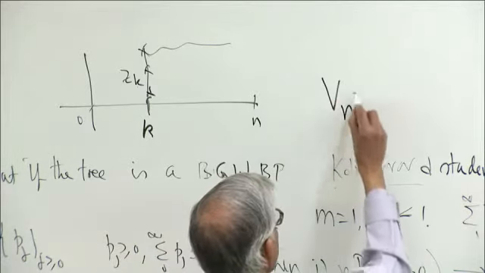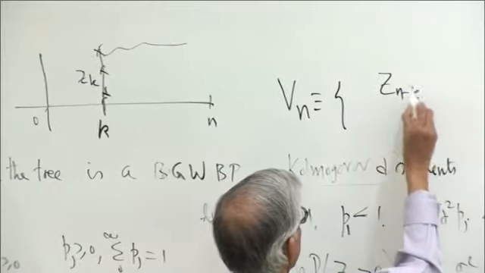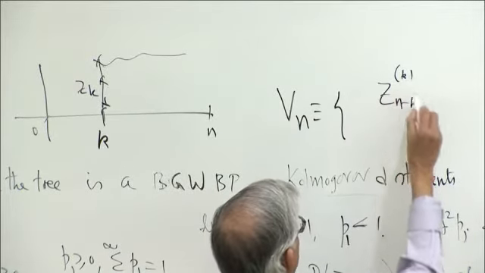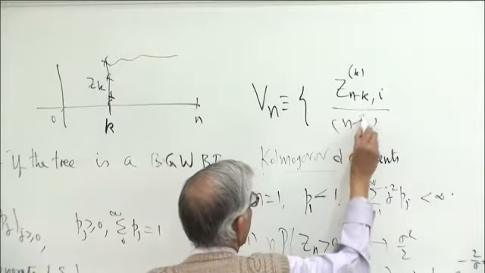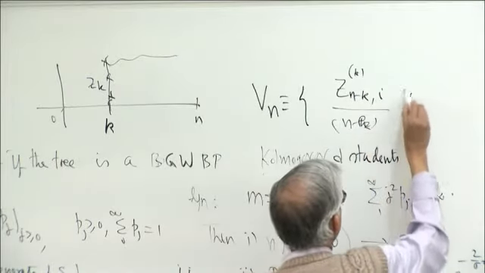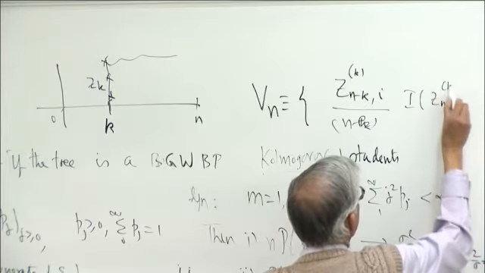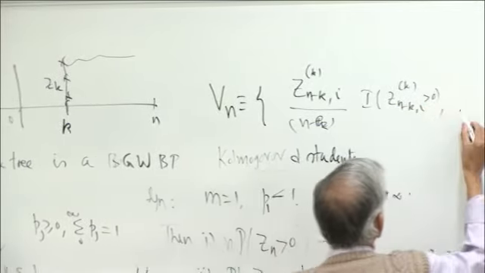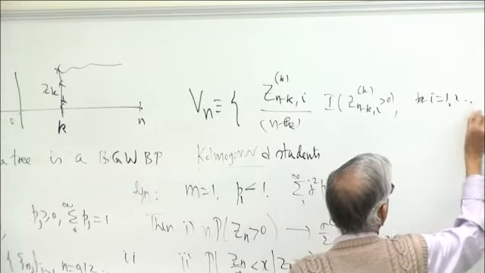V_n is going to be, you look at Z_{n-k}^{(k,i)} divided by n minus k, times the indicator function of Z_{n-k}^{(k,i)} positive, for i equal to 1 to Z_k.